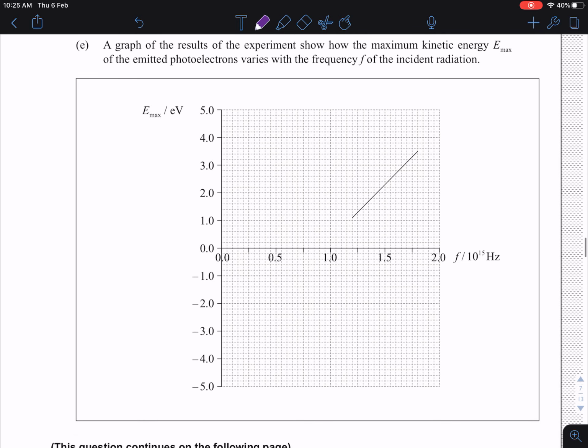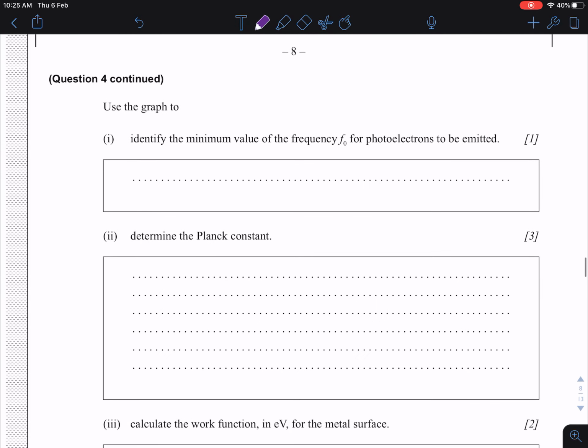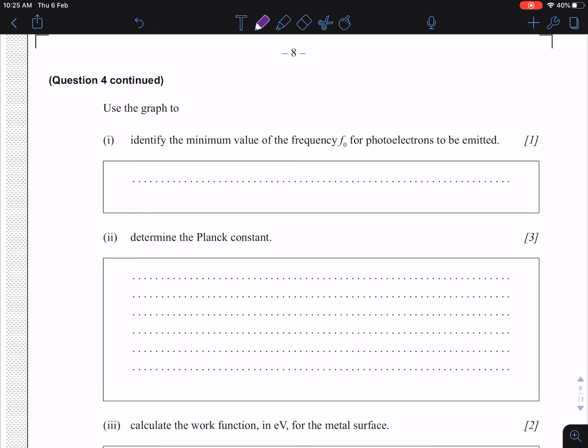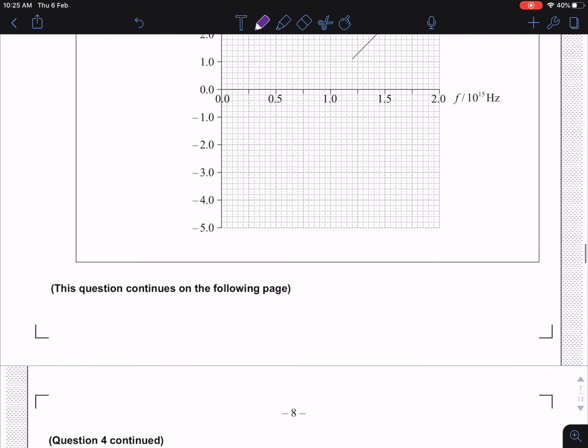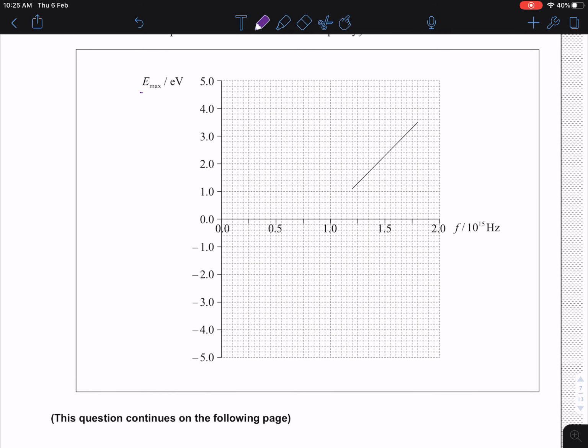Okay, then you're given the graph of the results. We'll come back to that graph in a second. Use the graph to identify the minimum value of the frequency for photoelectrons to be emitted. Well, this is a reasonably easy one because this is Emax, their kinetic energy. And if they're not going to be emitted, they're going to have zero kinetic energy. So we're just going to continue this line back down to the axis and see where that intercepts.